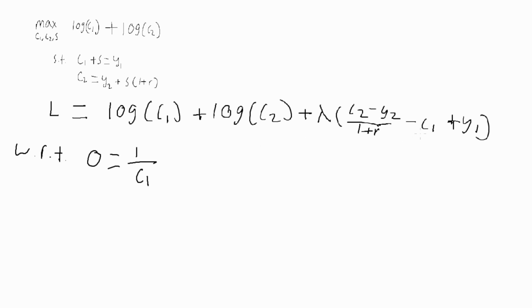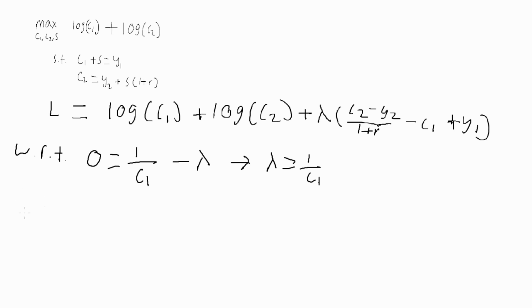And then we will have minus lambda, because minus C1 multiplied by lambda, differentiate that with respect to C1 gives minus lambda. And we can rewrite this equation as lambda is equal to 1 over 1 on C1.